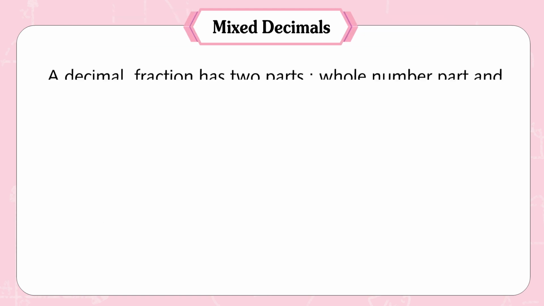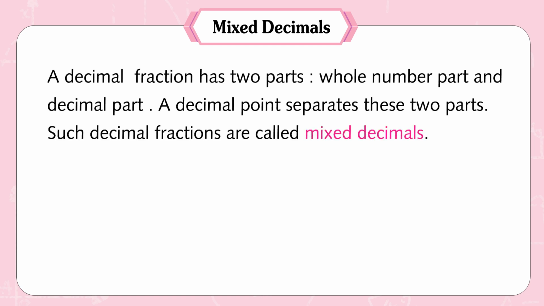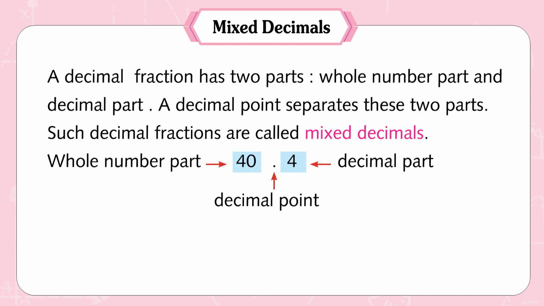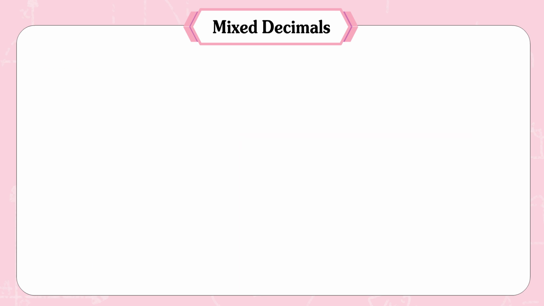Mixed decimals. A decimal fraction has two parts: the whole number part and the decimal part. A decimal point separates these two parts. Such decimal fractions are called mixed decimals. A fraction in which the decimal point separates the whole number part and the decimal part is called a mixed decimal.